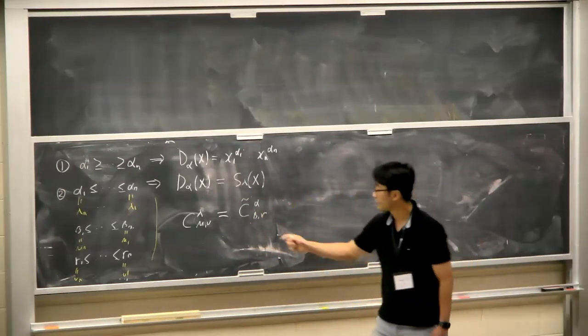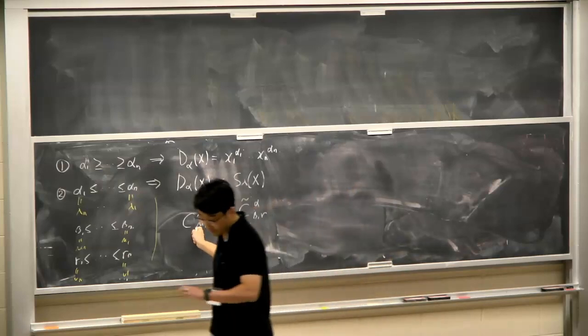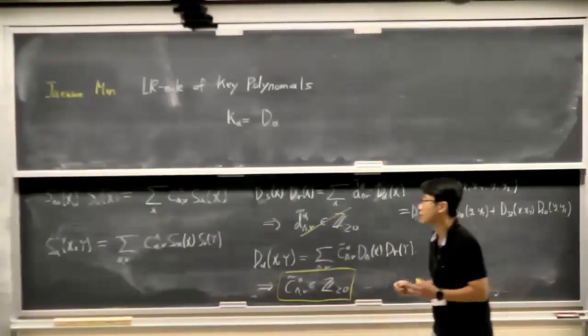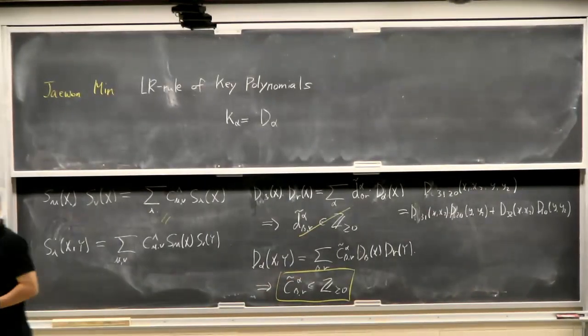In this sense, this is indeed a generalization. So why is this non-negative? This is not my theorem. This is sort of a folklore. So let me use two theorems to explain why that is true.